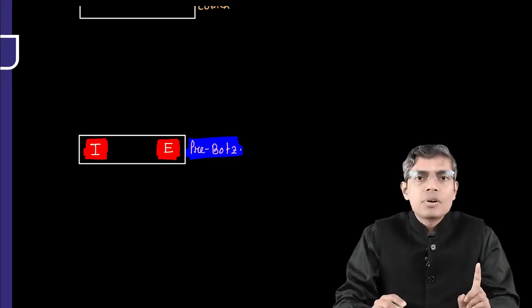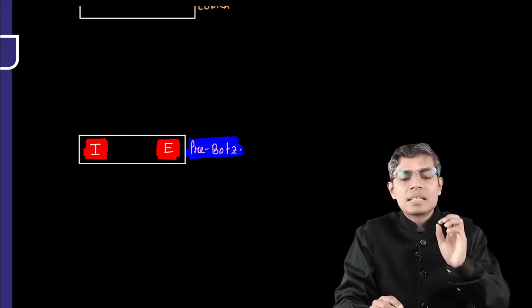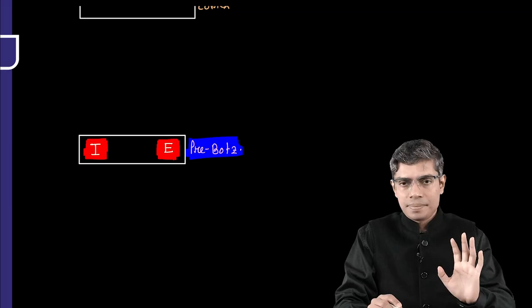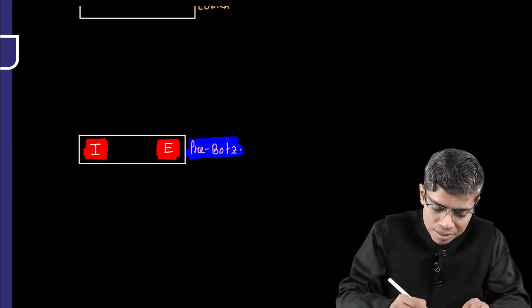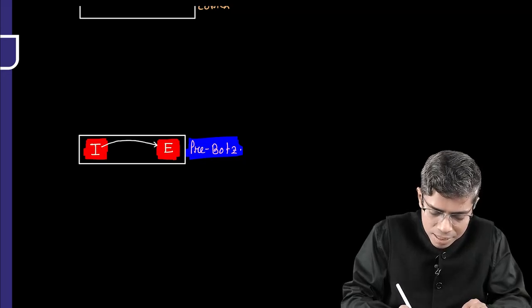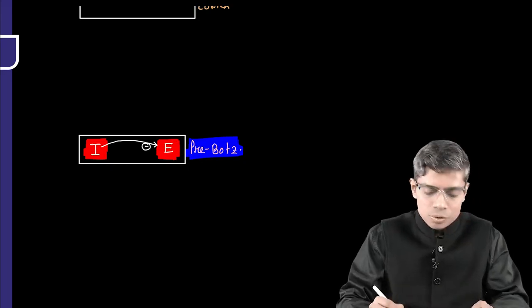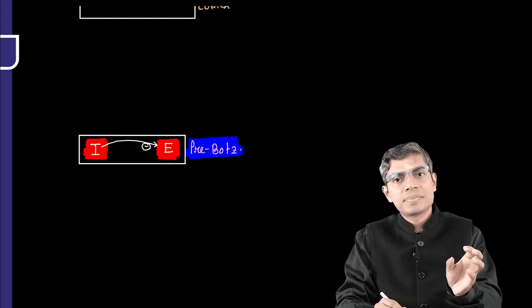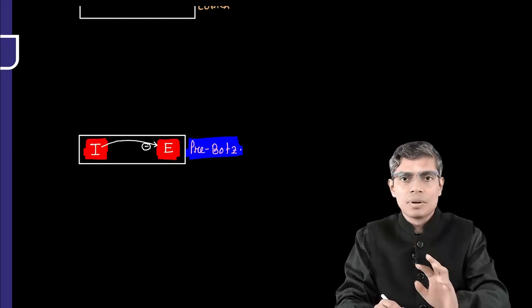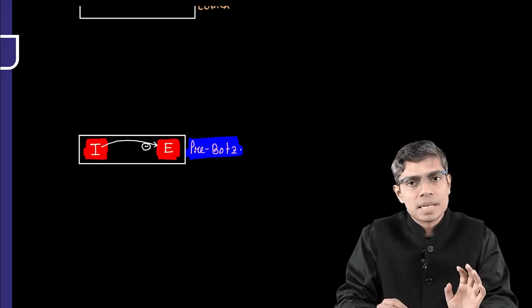First, the I neuron will start discharging and it will remain active for 2 to 3 seconds. When the I neuron is discharging, it will have an inhibitory signal on the E neuron, right? So what I am saying is, when the I neuron is discharging, it is inhibiting the E neuron. And how long will this I neuron continue to discharge? For 2 to 3 seconds.